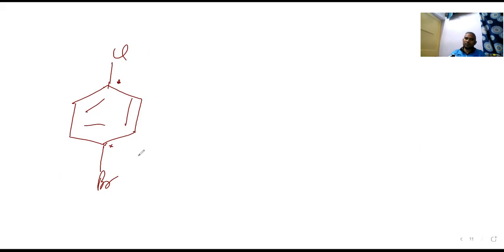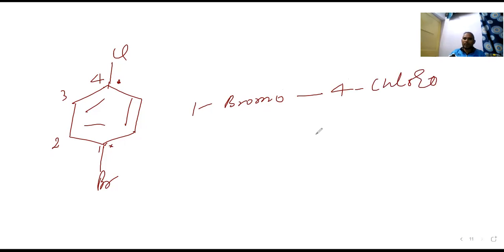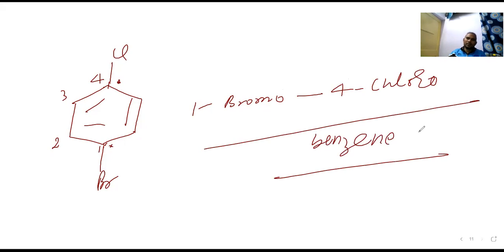From bromo, because it is alphabetically first. So 1, 2, 3, 4. Tell me the name. 1-bromo-4-chlorobenzene. Is it okay?